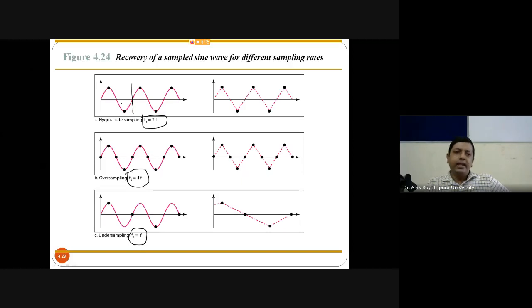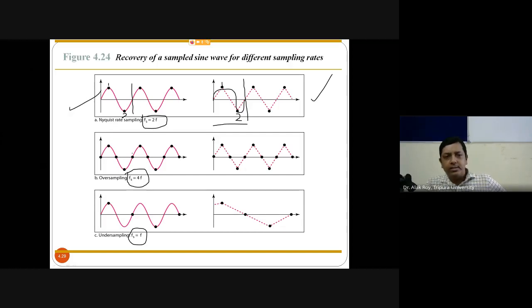Then sampling should be taken twice, at this peak and at this peak. Otherwise, you will not be able to get positions 1 and 2. Only when your sampling rate is twice the frequency will you be able to recover this signal element at the receiver side. That is case 1, ideal sampling.